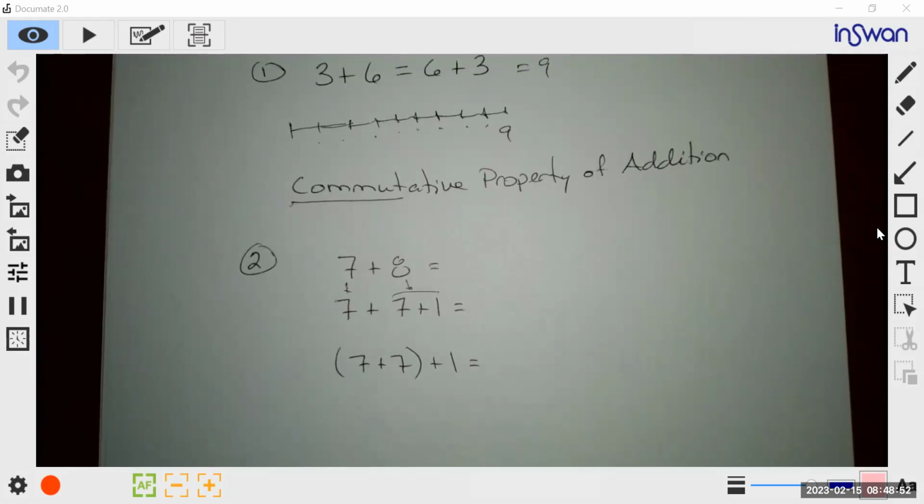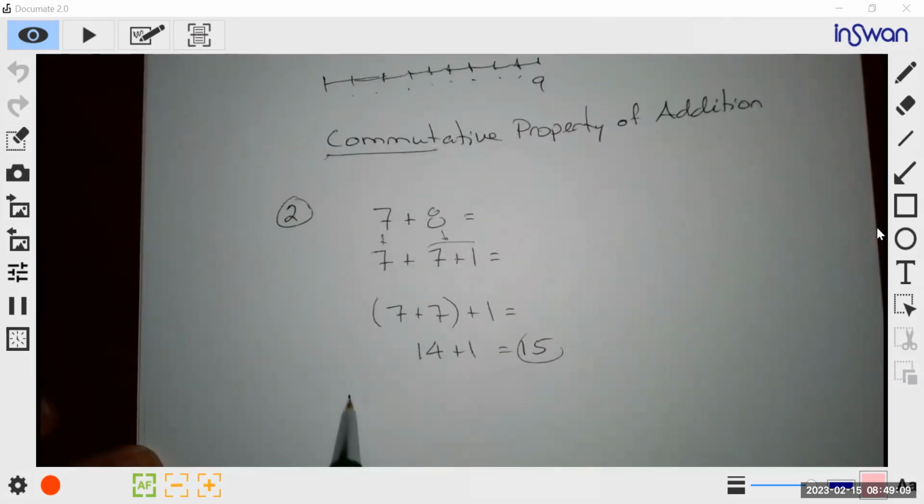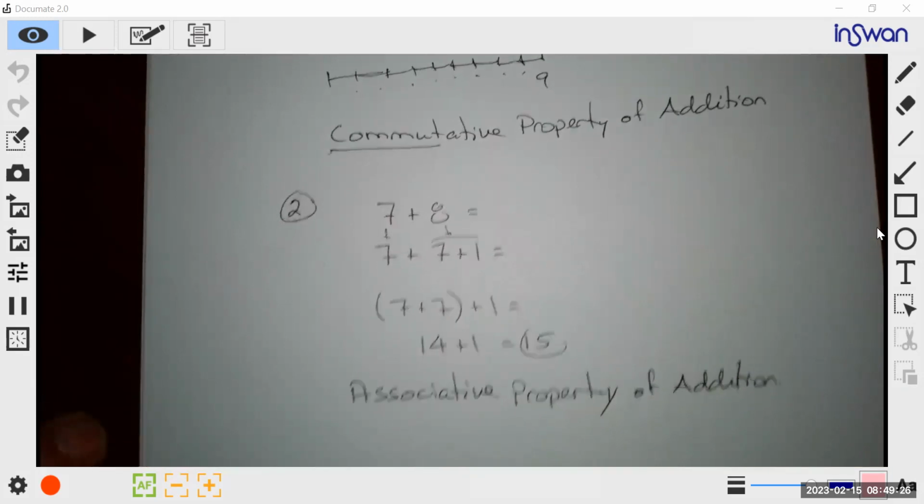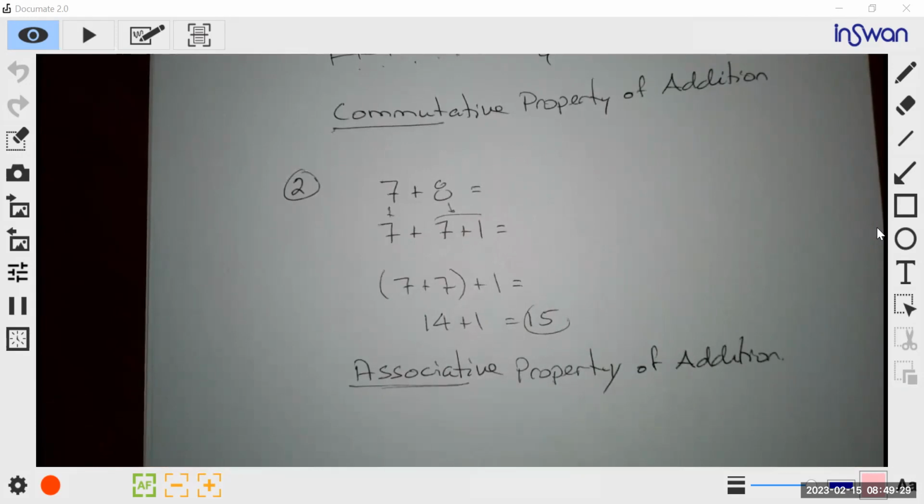That's what the parentheses are all about. The parentheses tell us which 2 you combine first. Because of that, since we're grouping them, this is called the associative property of addition. We're associating. We're grouping two numbers first.